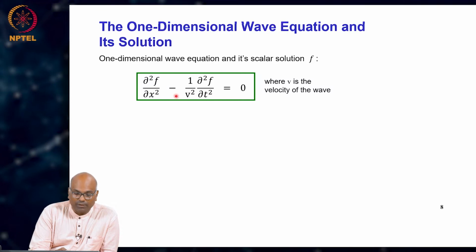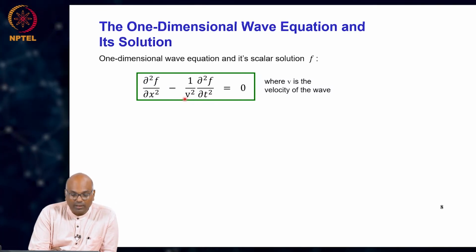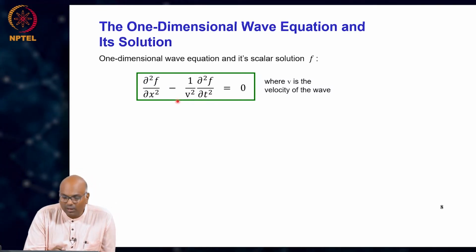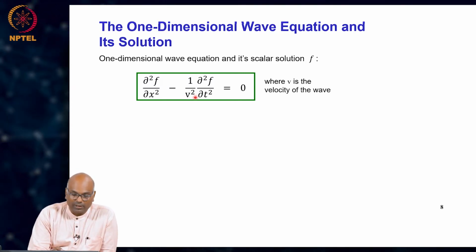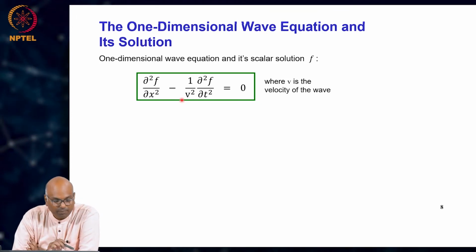This is particularly for the case of 1D. We will graduate to more than 1D, that is up to 3D, in this lecture, as we did in the previous class as well.